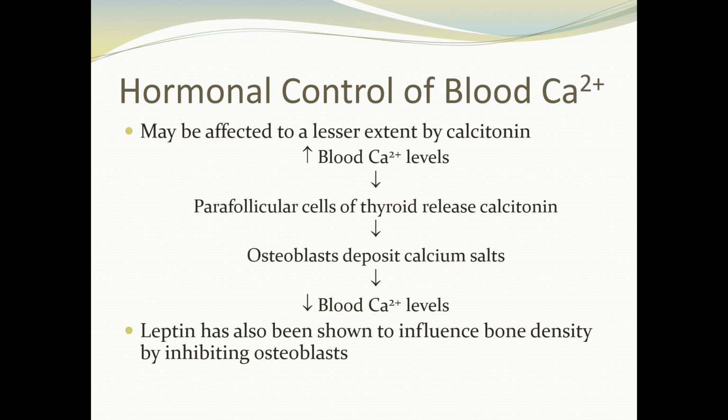So it's not the parathyroid glands, but it's actually cells in the thyroid itself, which will release calcitonin. And this will cause the osteoblast to take the calcium out of the blood and deposit the calcium salts into the bone. And this will drop blood calcium levels back down to the set point.